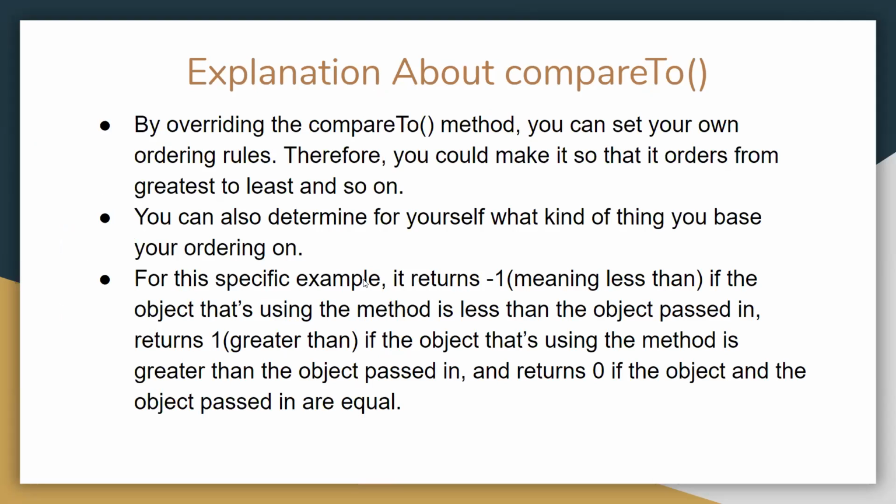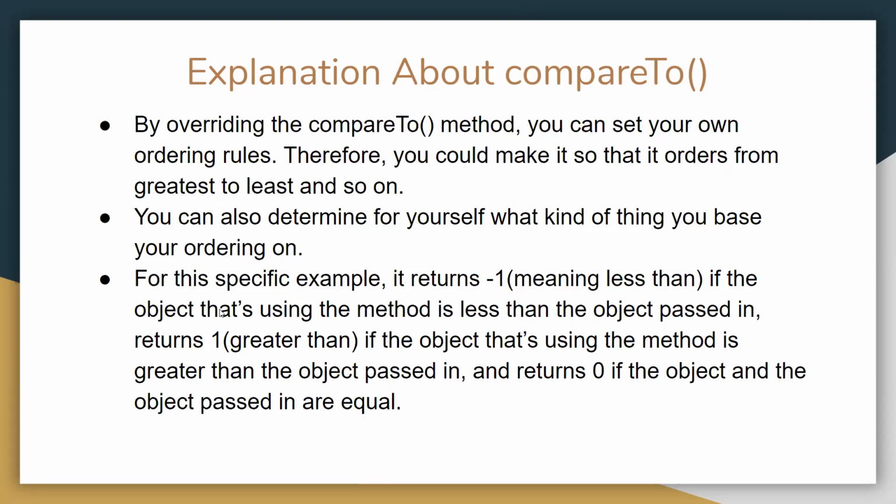For this specific example, it returns -1, meaning less than, if the object that's using the method is less than the object passed in. When it's ordering, if it returns -1, that means the object passed in is ordered after the object that's there already.